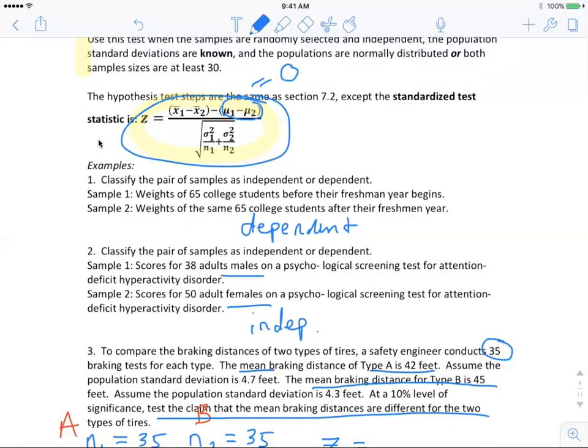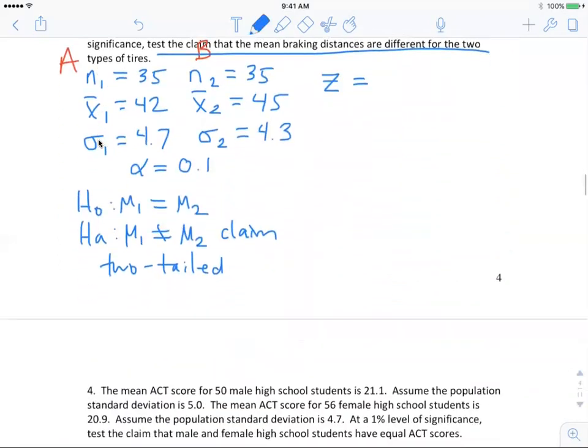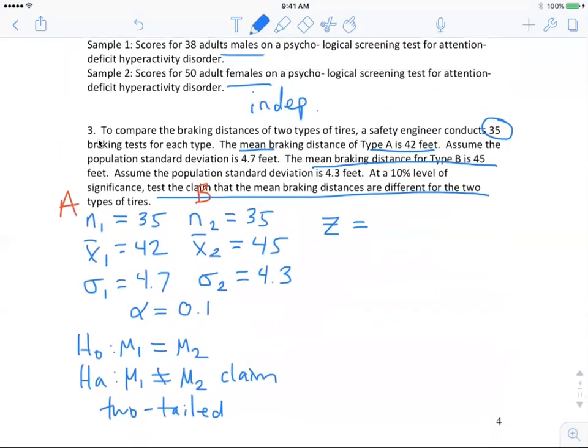So what I'm going to do first is subtract on top, x bar sub 1 minus x bar sub 2. That's 42 minus 45. And then in the denominator, we have that big square root piece.